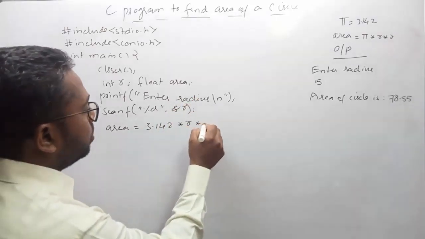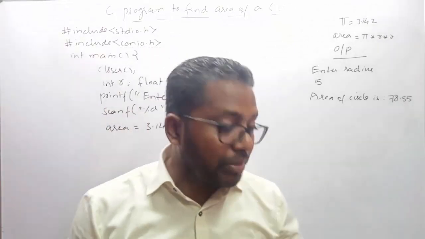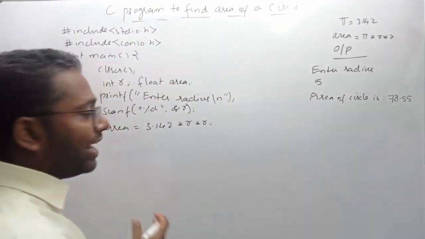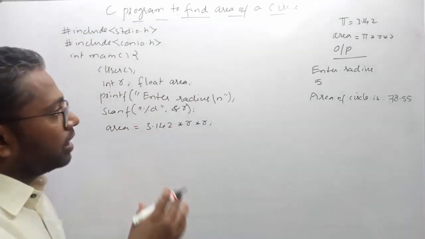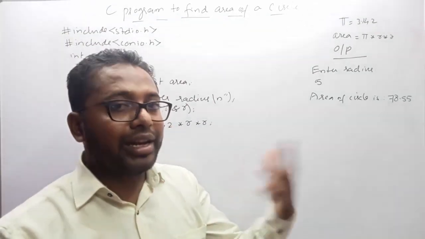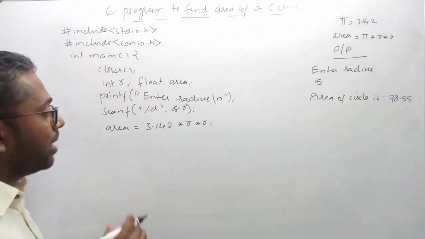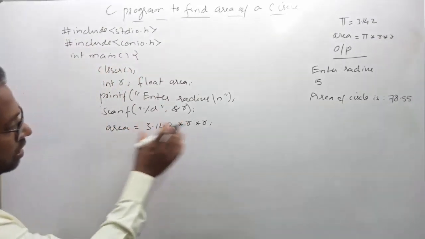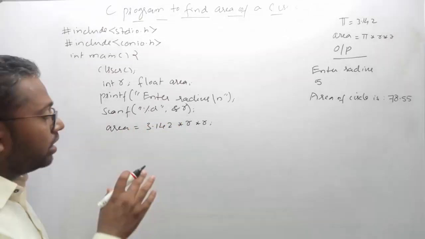So r into r. If we take r, it will be more meaningful. We can take a as well, but it won't be as meaningful. Since we are referring to r as the radius, we should use the variable in a more meaningful manner. Now once this calculation gets performed, the output gets stored under variable area.